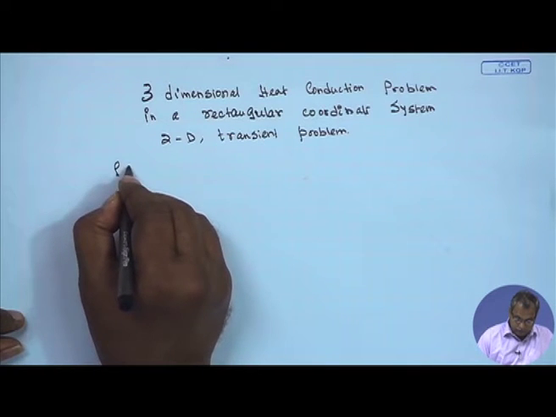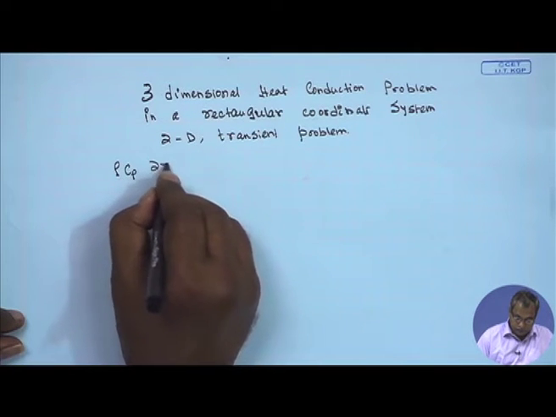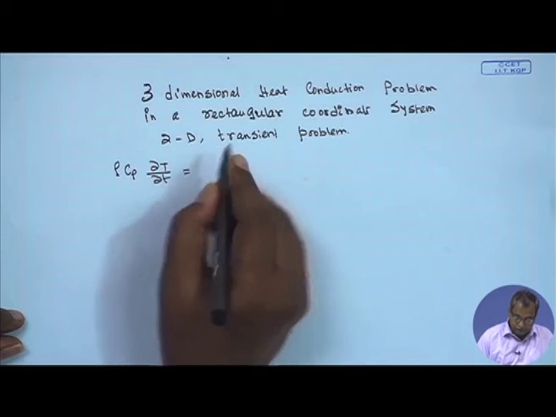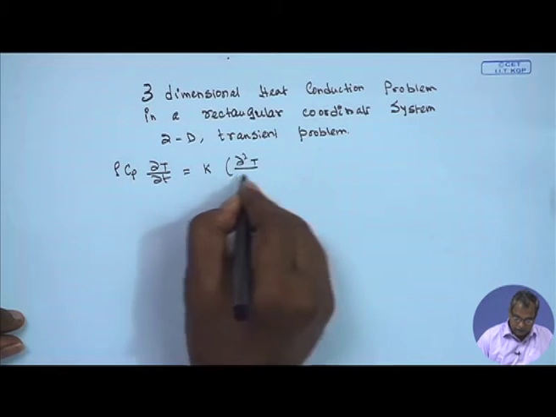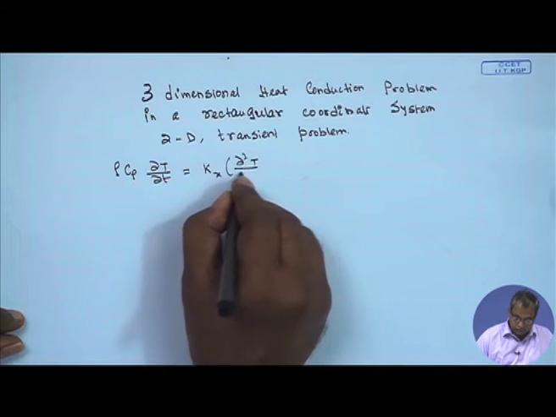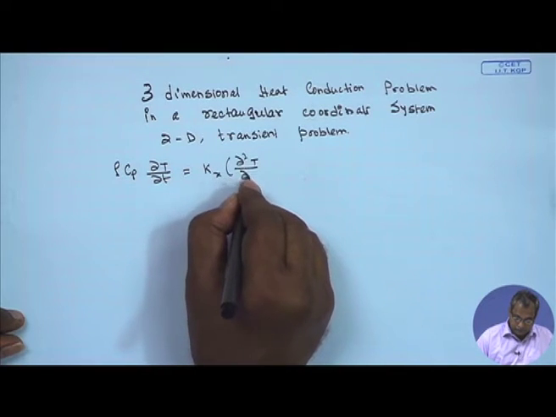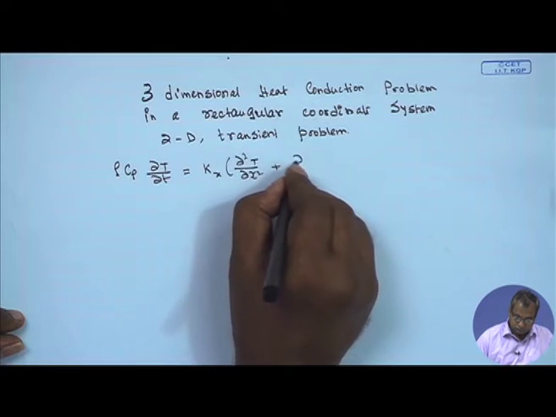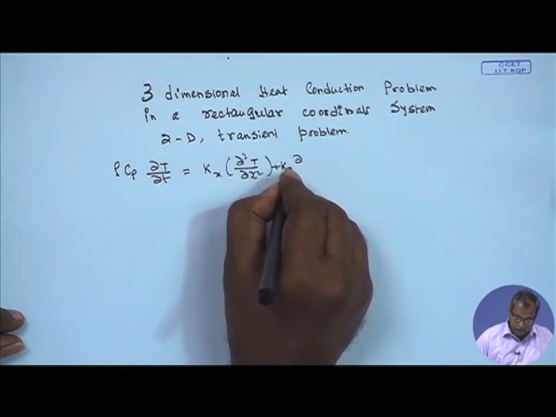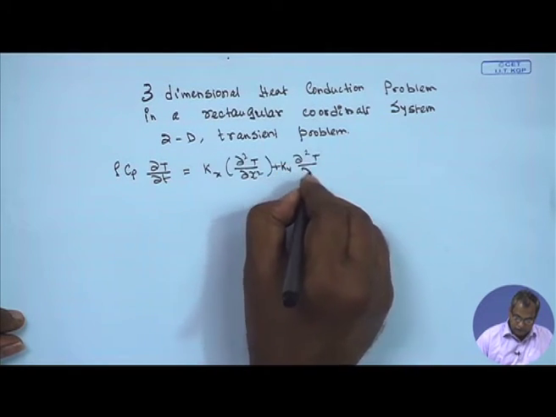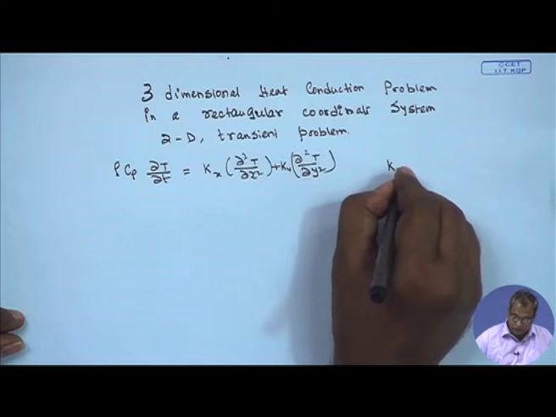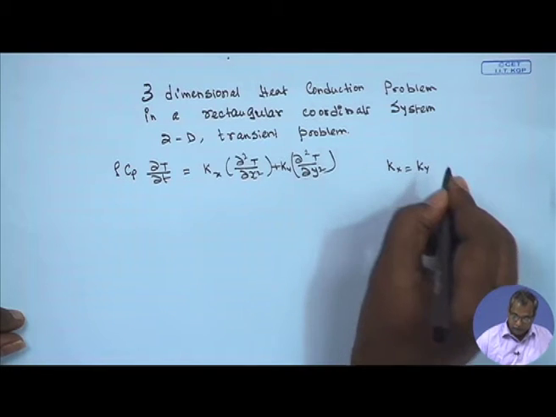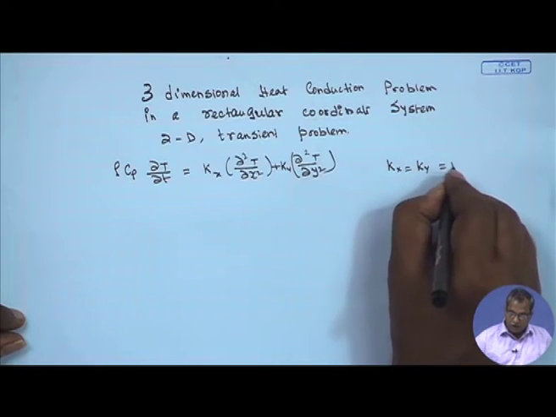So, if you look into the governing equation, this becomes rho Cp del T del t will be nothing but k times del square T. In fact, it will be kx del square T del x square plus ky del square T del y square, and we assume that thermal conductivity is isotropic, it is the same in all directions.